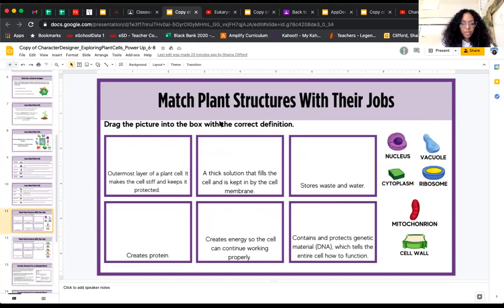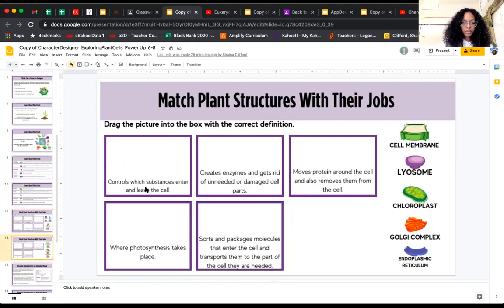You're just going to drag the picture into the box that matches the definition to check your understanding, and then you should be all clear to come up with your characters. So you can pause me here, sort, work with your teammates, help each other out, and figure out where everything goes. Remember, there are 2 pages, so you can put all of the organelles in their right box.